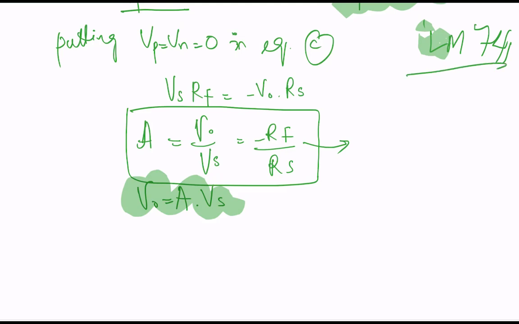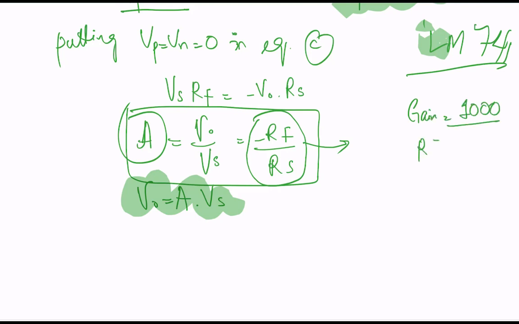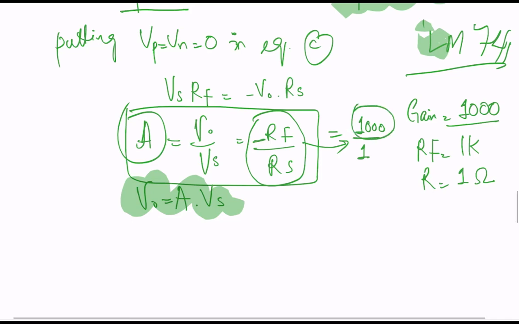Well, in a circuit, you choose the values for these resistances and you choose a gain for your circuit. Okay, so say you are looking for a gain of 1000. So I would choose my RF to be 1K and RS to be 1 ohm. Okay, so RF being 1K, which will be 1000, RS being 1, and that gives me a gain of 1000, correct? This negative sign here basically indicates that there's going to be a 180 degrees phase shift.